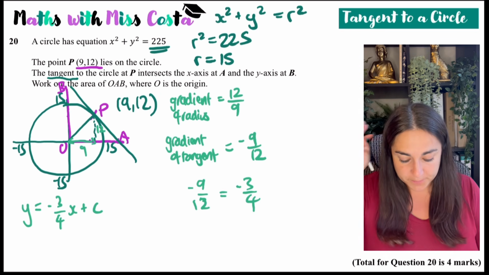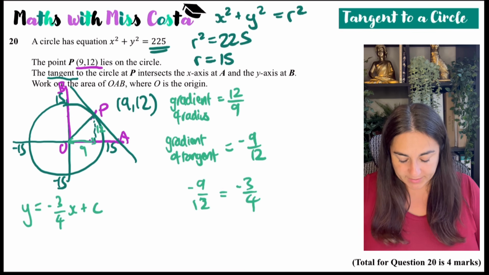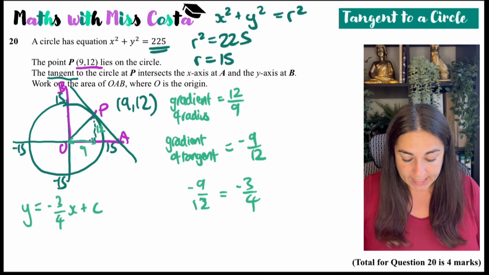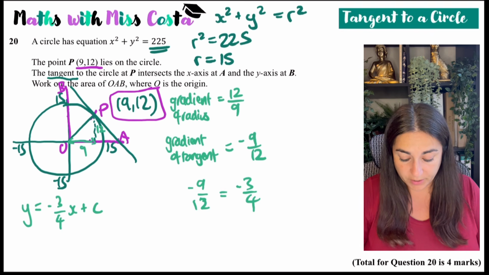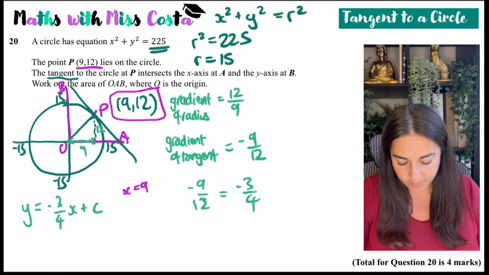Okay, so that's the first part of my equation. Now, I also have a coordinate, (9, 12), that I know the tangent to the circle at P goes through. So when x is 9, y is 12.